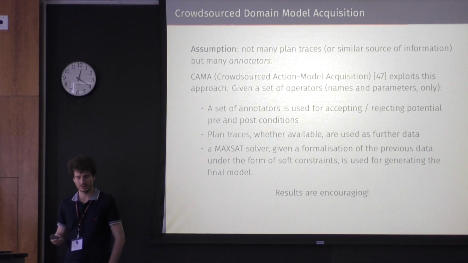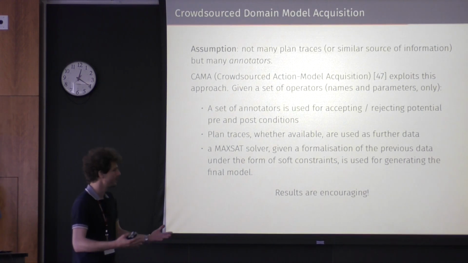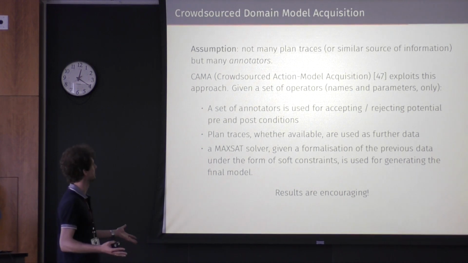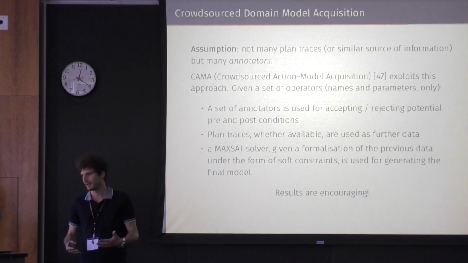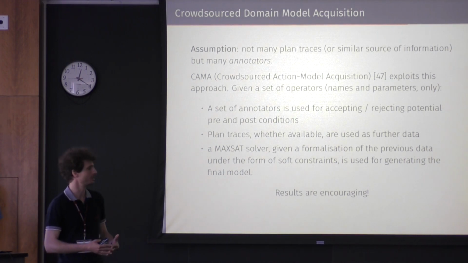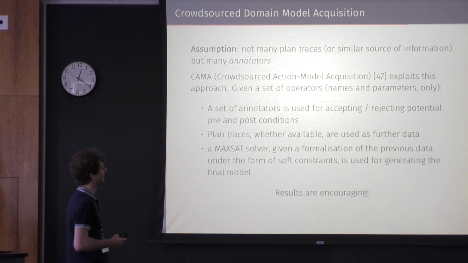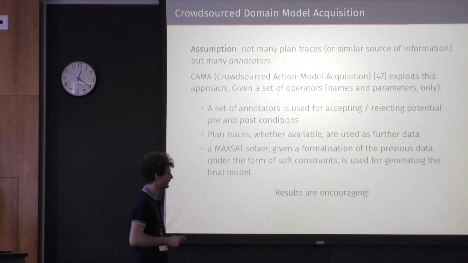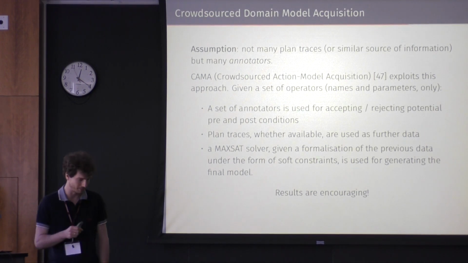What came up, clearly, is that according to the set of annotators, you can have very different suggestions for the operators. So what was done at that point was using a MaxSAT approach to merge together all the knowledge collected by the different annotators. The results in this direction are extremely encouraging.